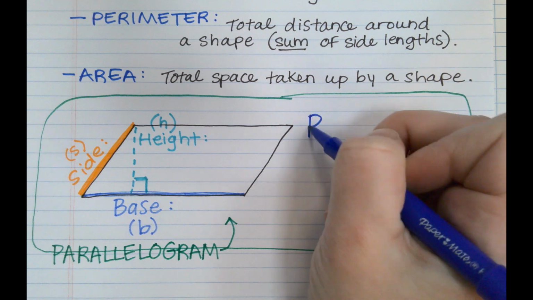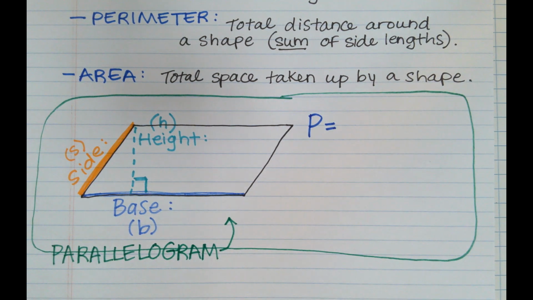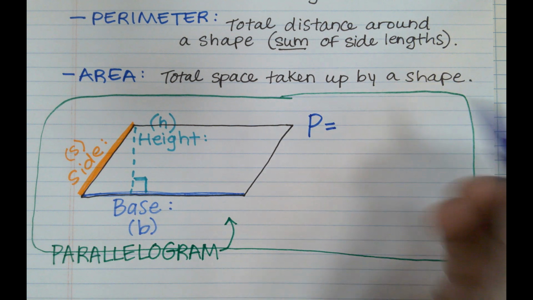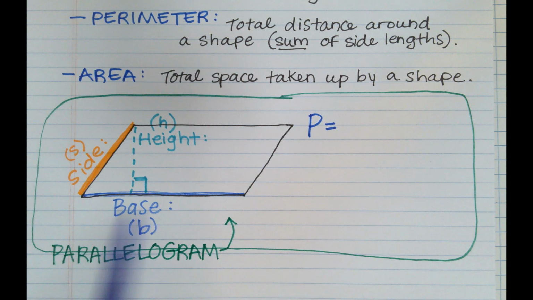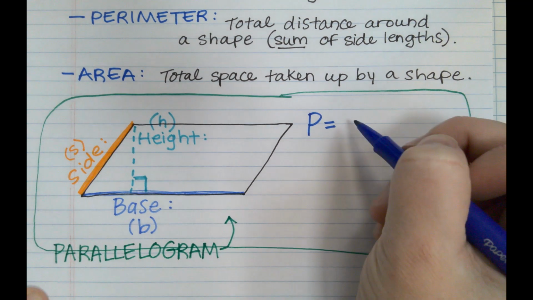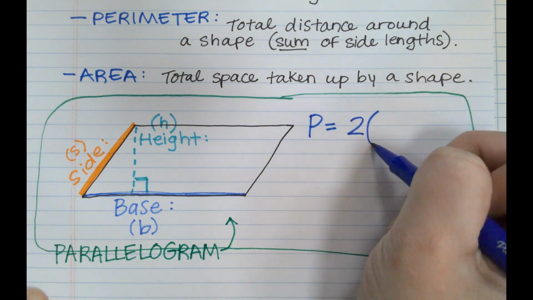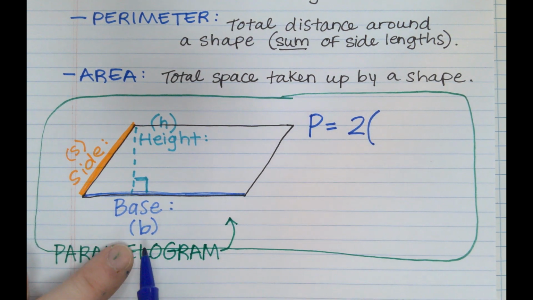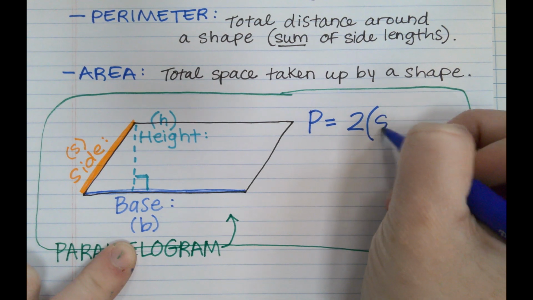That perimeter can be found either by adding all 4 sides together. You could do that. You could also take 2 times S plus B, and I'll explain why that works.